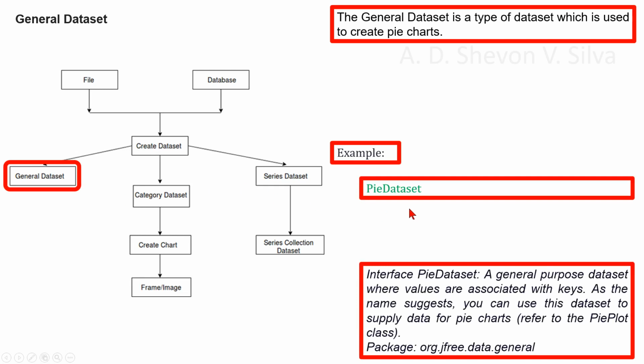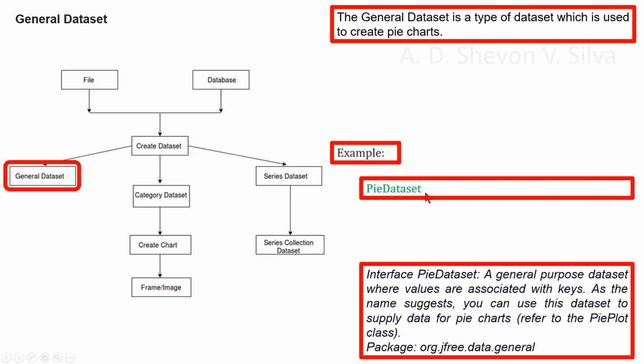As an example, we can consider PieDataset. Interface PieDataset: a general purpose dataset where values are associated with keys. As the name suggests, you can use this dataset to supply data for pie charts. Refer to the PiePlot class also.